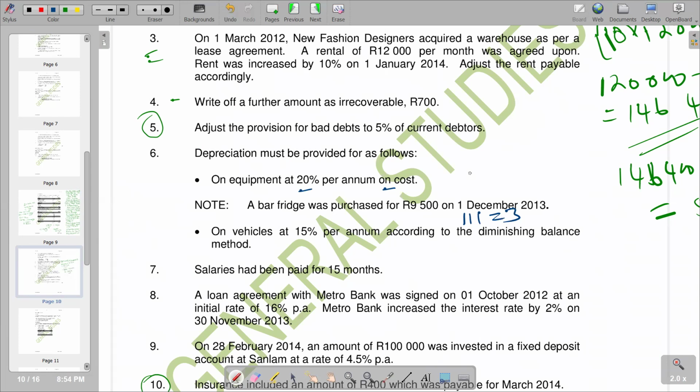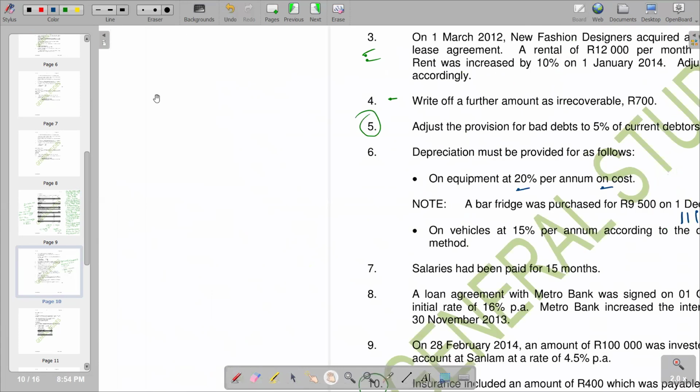So basically, we are saying 9,500 times 20%, which is 0.2 as a decimal, multiplied by the 3 months that we had that fridge, times 3/12. Let's calculate it like that.